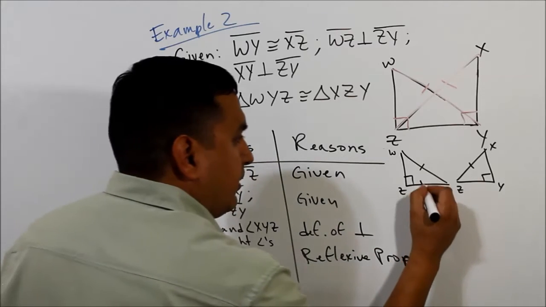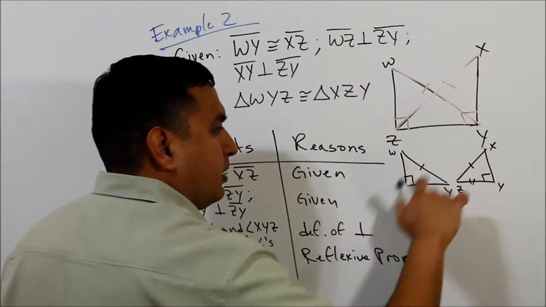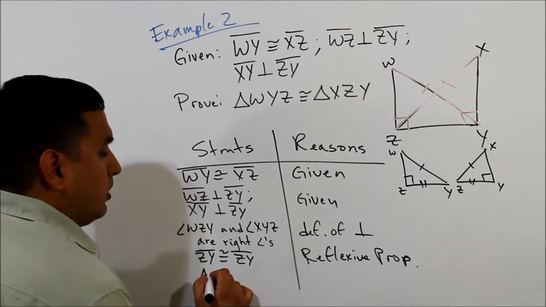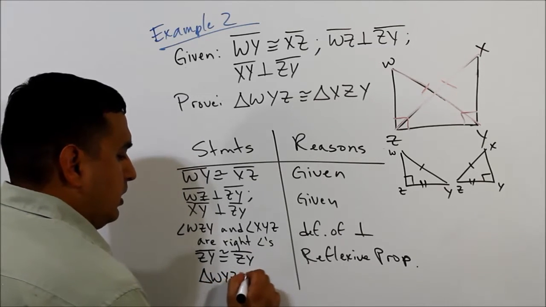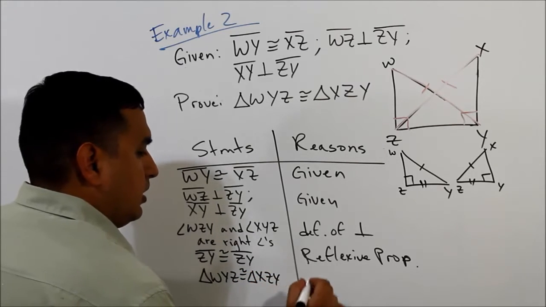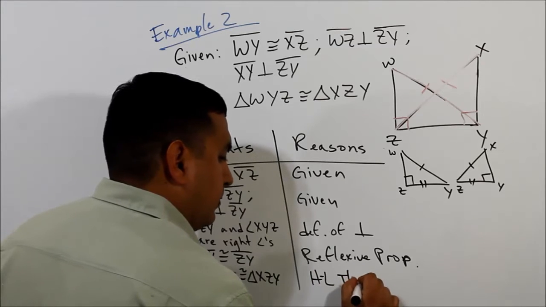Which means I have my 90-degree angles, I have my hypotenuse and my legs. So now I can say that triangle WYZ is congruent to triangle XZY because of the hypotenuse-leg theorem.